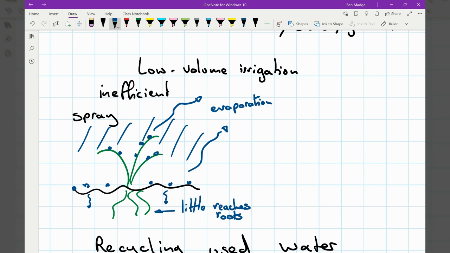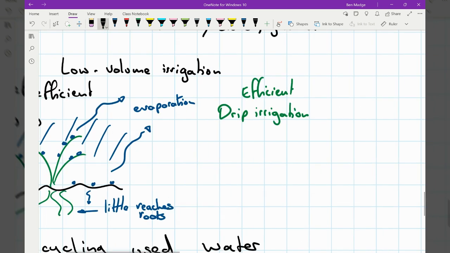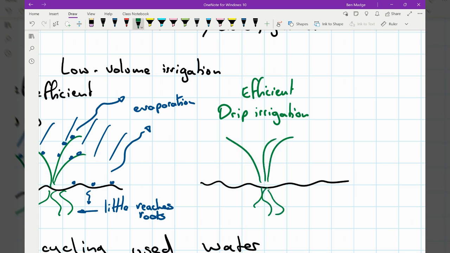So if we have efficient irrigation, something like drip irrigation, we are going to have our same plant, and it's got its roots here, but what we will do is run a pipe along the surface of the ground, and we will have very small, almost pinprick sized apertures in it, which drip water continuously, which results in a saturated zone directly around the root.